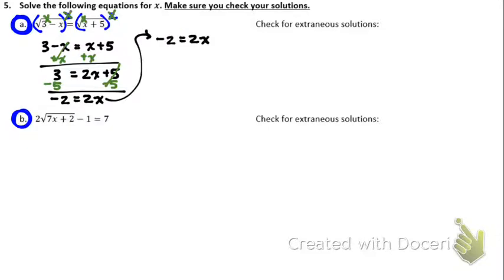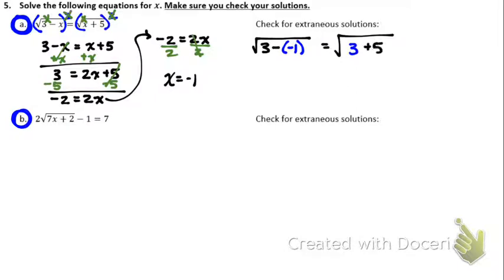And then we got to check it. That's correct. And so I would have the square root of 3 minus, and then I put negative 1 in for x. Equals over here, I have the negative 1, and then plus 5.